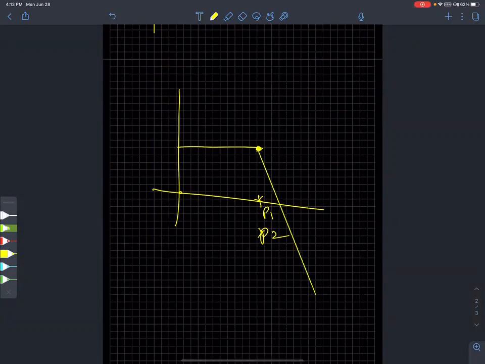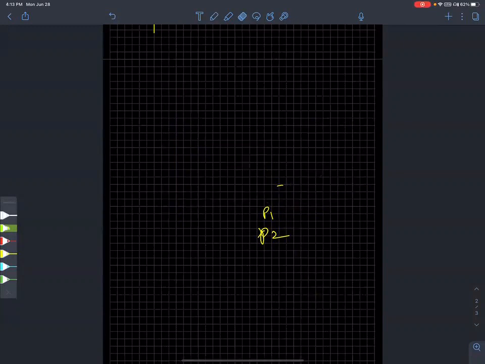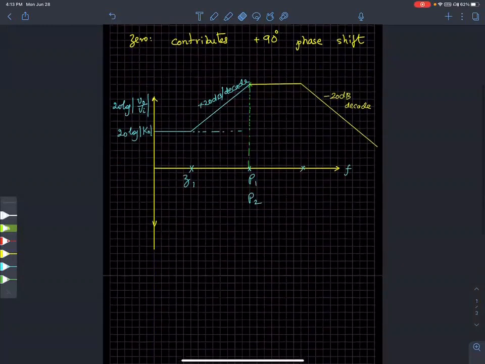Then it begins to roll off at negative 40 dB per decade, because there are two poles, each contributing a negative 20 dB per decade. So in effect, the overall roll off is much steeper, negative 40 dB per decade. So that's about the magnitude response.